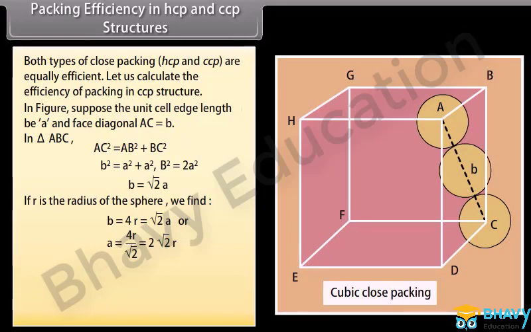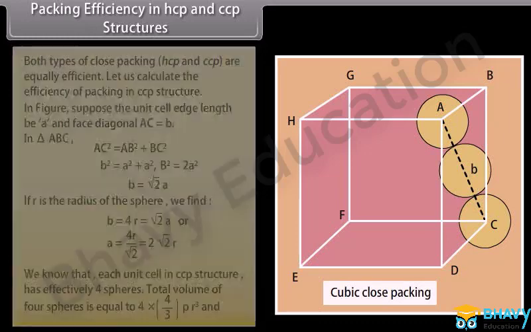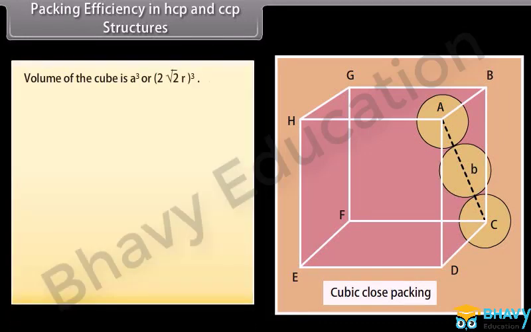We know that each unit cell in CCP structure has effectively 4 spheres. Total volume of the 4 spheres is equal to 4 × 4/3 πr cube, and volume of the cube is a cube or (2√2 r) cube.